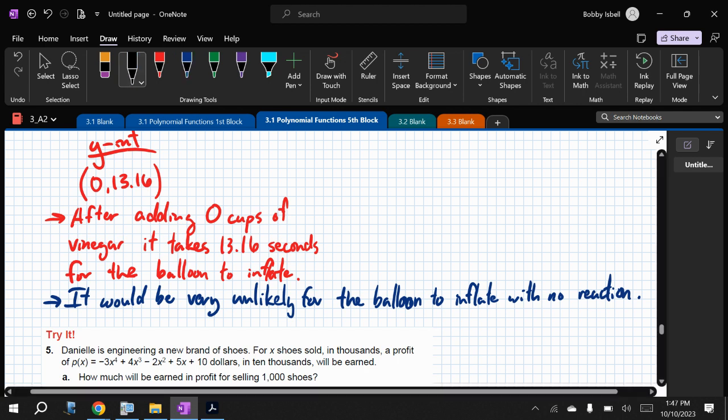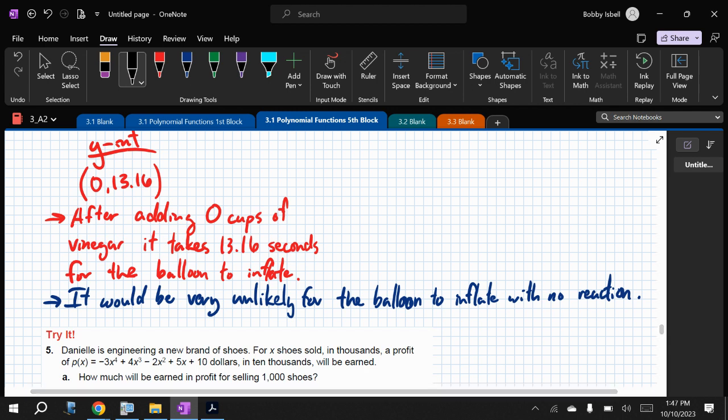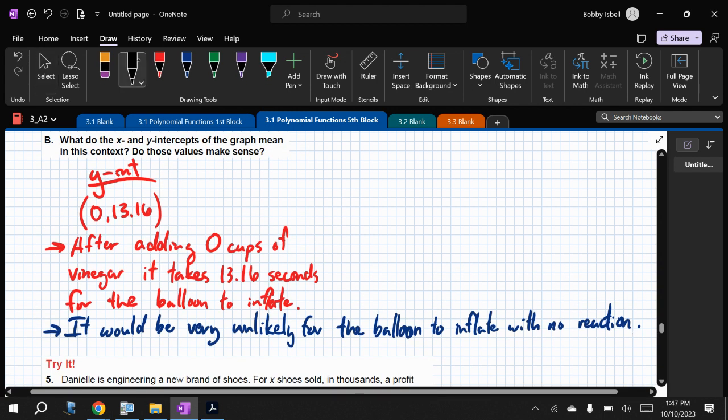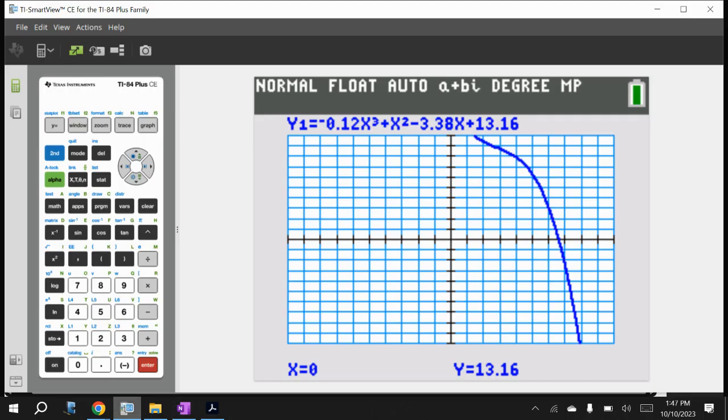It also asks us in the B part there to find the x-intercepts, which we did yesterday as well. And when I look at that graph, I can see there is one x-intercept here. I need to find that. How did we find that yesterday?